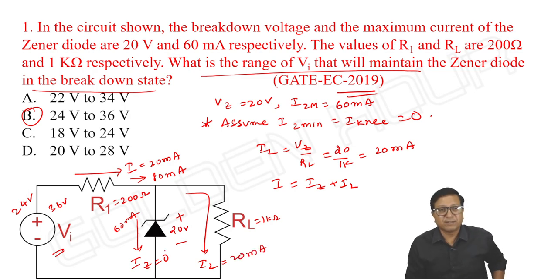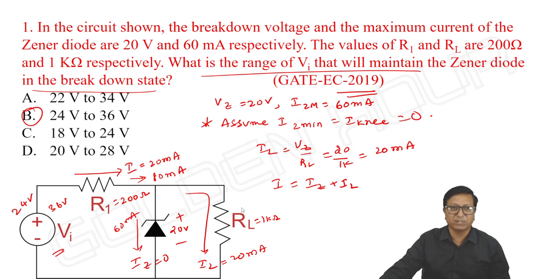So we can vary the input from 24 to 36 volts so that the current through the Zener diode will change while maintaining a constant voltage of 20 volts across RL. That's the thing here. Very, very simple point.